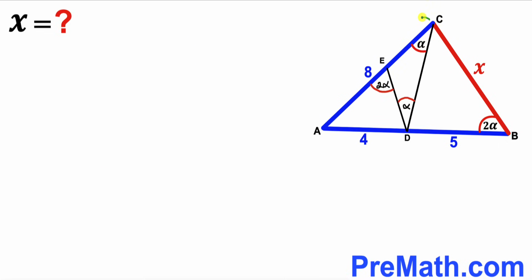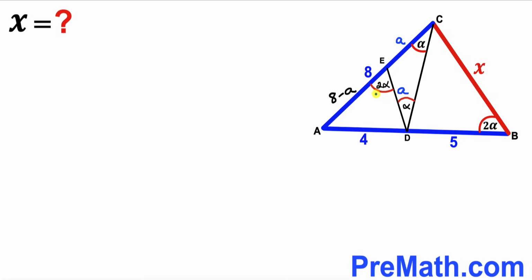We can see that this segment CE length equals this segment DE length. If I label this CE length as lowercase a, then our DE length has got to be lowercase a as well. And we know that this whole AC length is 8 units. So therefore this AE segment length has got to be 8 minus lowercase a.